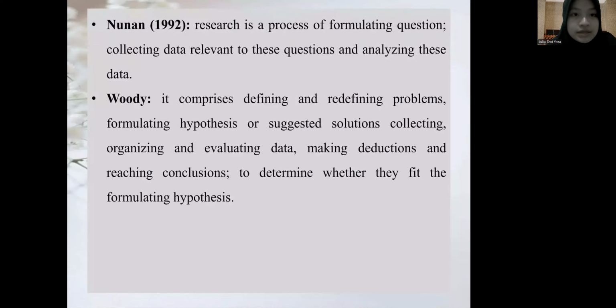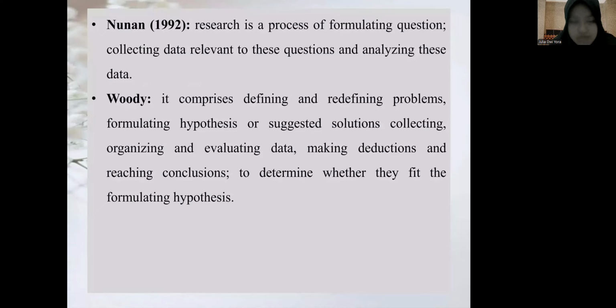And then from Nunan, 1992, research is a process of formulating questions, collecting data relevant to these questions, and analyzing this data. So the researchers start from one question or maybe several questions about something, and they try to find out the result or the answer to the questions.